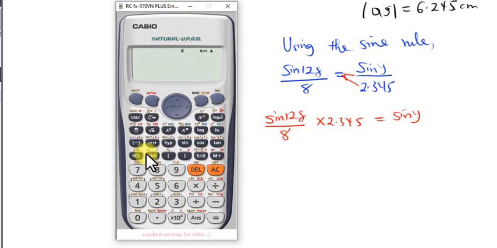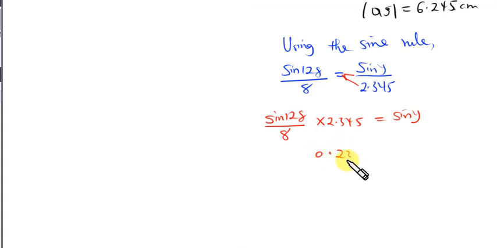So I will have sine 128 out of 8, then times 2.345, and when I press the equal sign I get 0.2309. So 0.231 equals sine y.